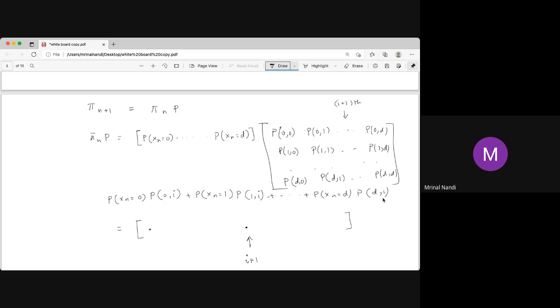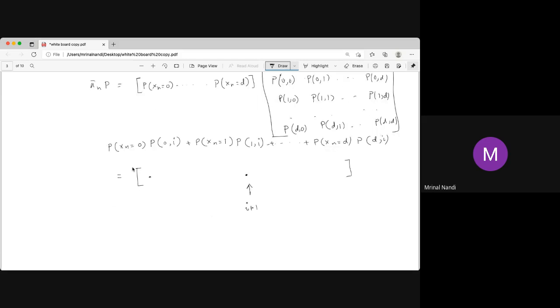What is the meaning? What is P 0 I? P 0 I is nothing but the probability of xn equal to 0 into the probability of xn plus 1 equal to I given xn equal to 0.